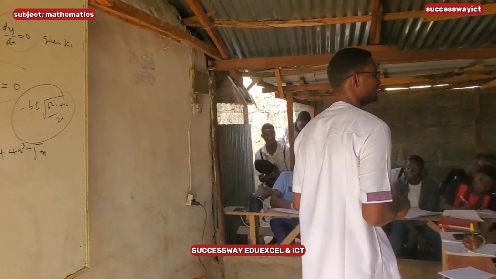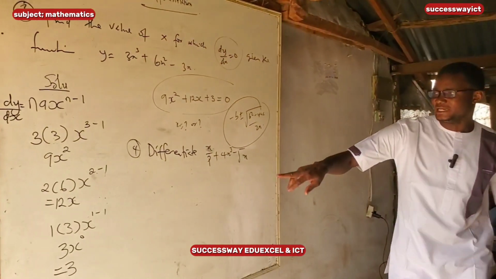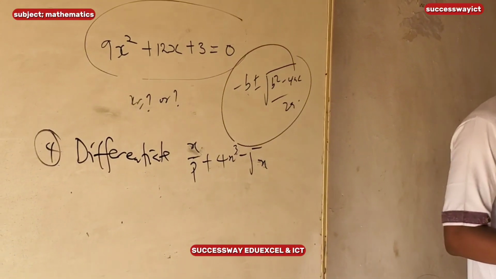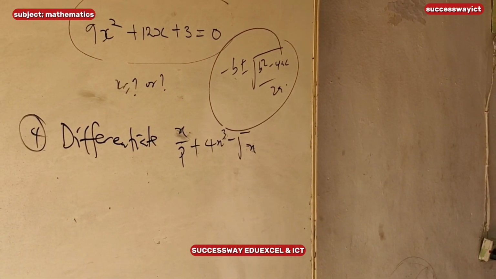You explain after we've done this. Who can help us out with this? That is x over p plus 4x squared minus root x. Who can help us out with this?